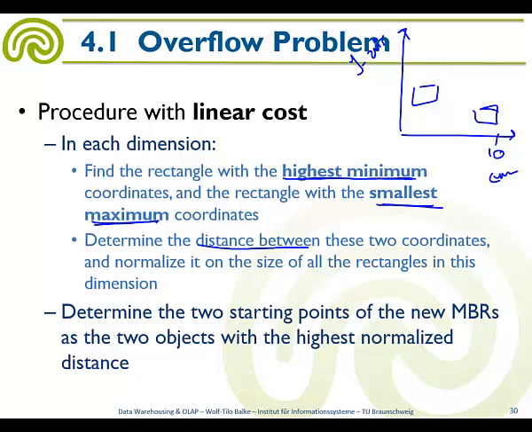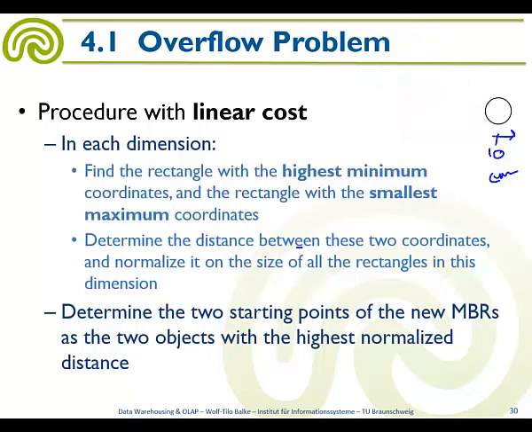By normalizing them you take the size of all the rectangles within this dimension, so that later on you can decide on which dimension you do the split. Good? And then the one with the highest normalized distance is the winner.